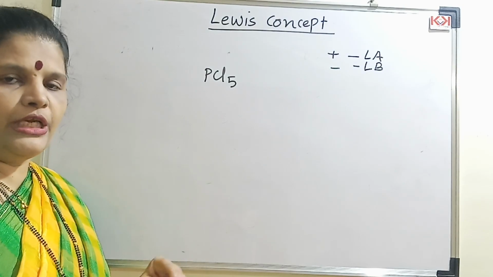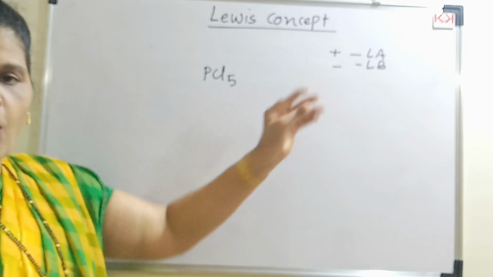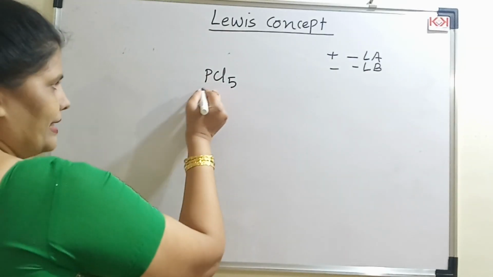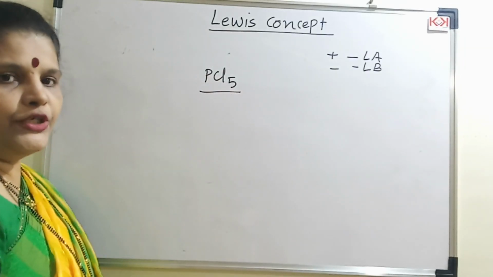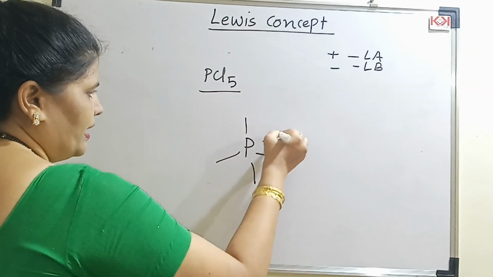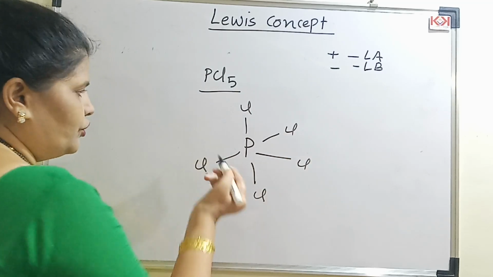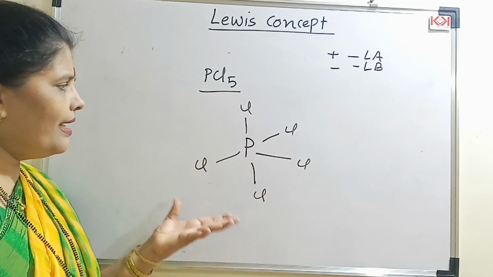Whether it is a partial charge or a complete charge. I am talking about a cation and an anion, or the partial charges. For that, I will draw the structure of the given molecule. I am drawing a rough structure. I am not going for the geometry.